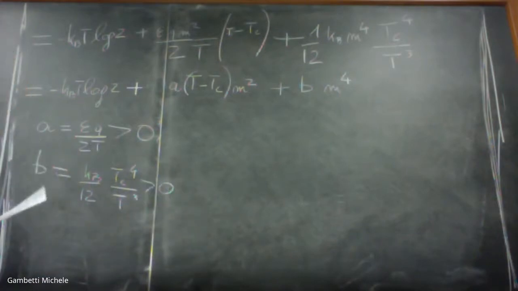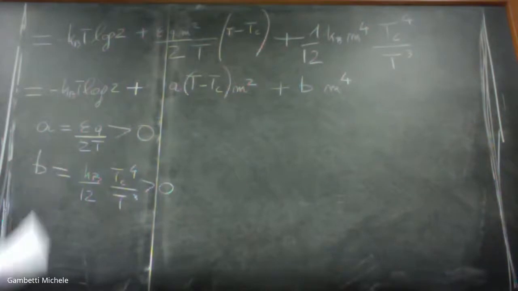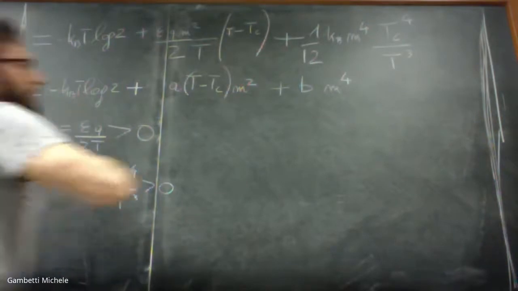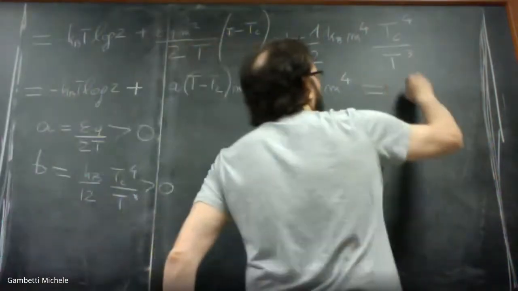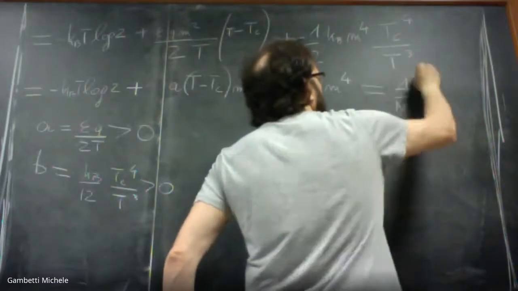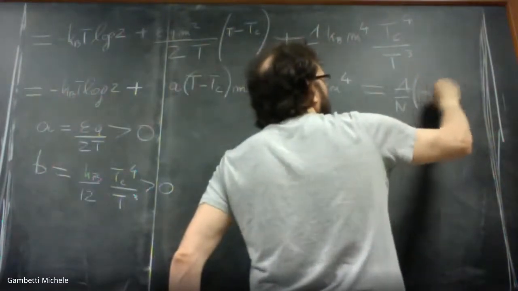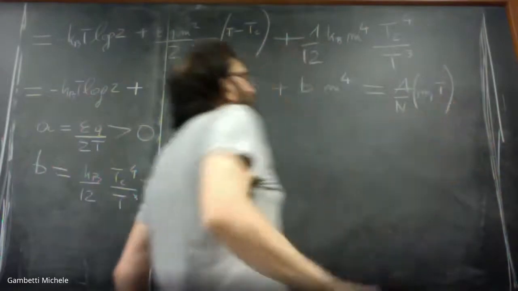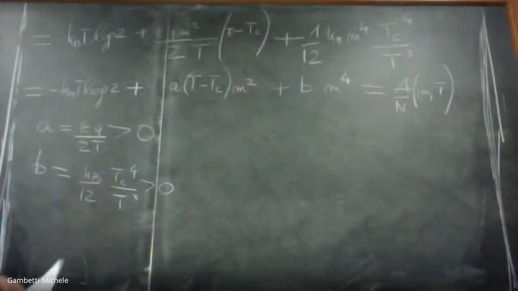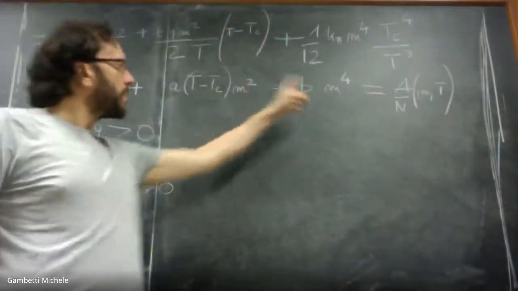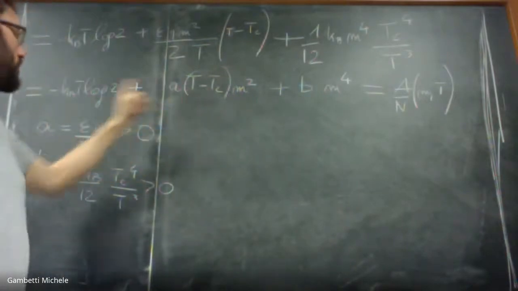So now these are quadratic terms, no? So these are A divided by N, and this is a function of m and T, if you want. It depends on the magnetization m, and depends on the temperature.